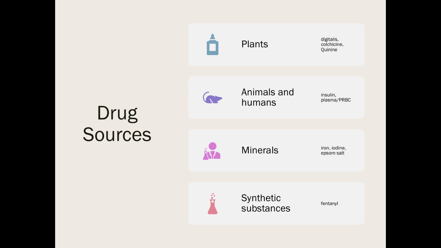Fentanyl is a synthetic opioid. Molecularly, it kind of looks like morphine, but it's completely lab-derived. Morphine comes from a plant, right? It comes from the poppy plant. But fentanyl looks like it, acts like it, gets the same effects, but is completely lab-derived.